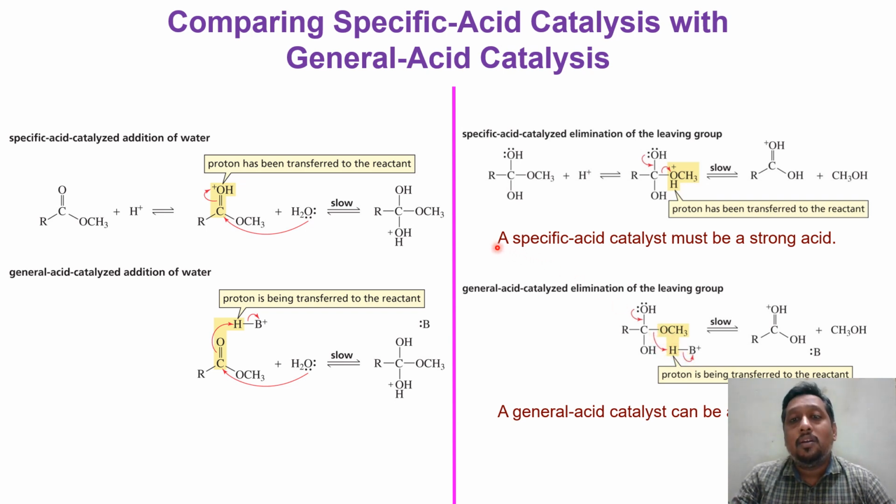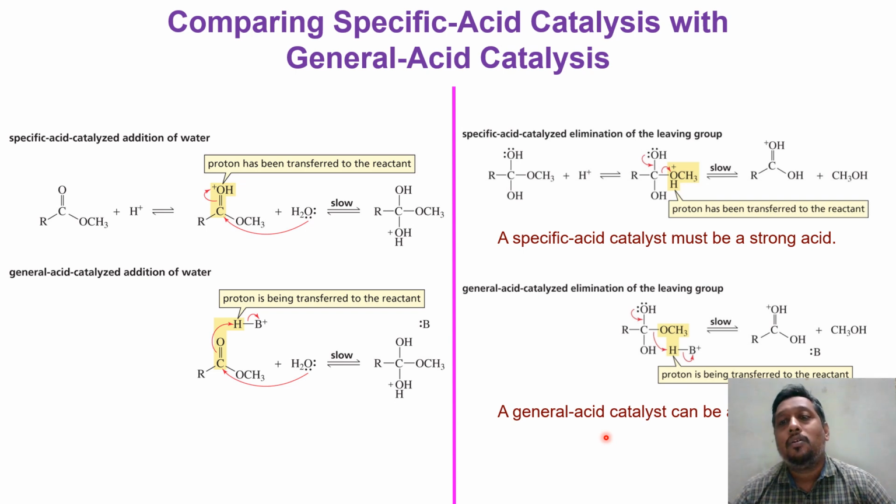So in general, a specific acid catalyst must be a strong acid and a general acid catalyst can be a weaker acid. So in what cases does the reaction go by specific acid catalysis? In what case does the reaction go by general acid catalysis?